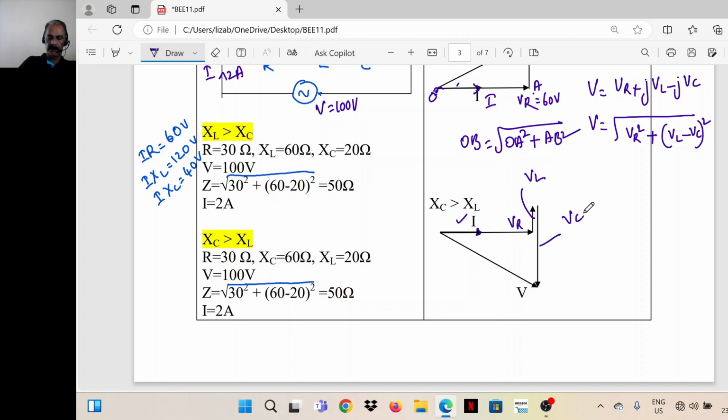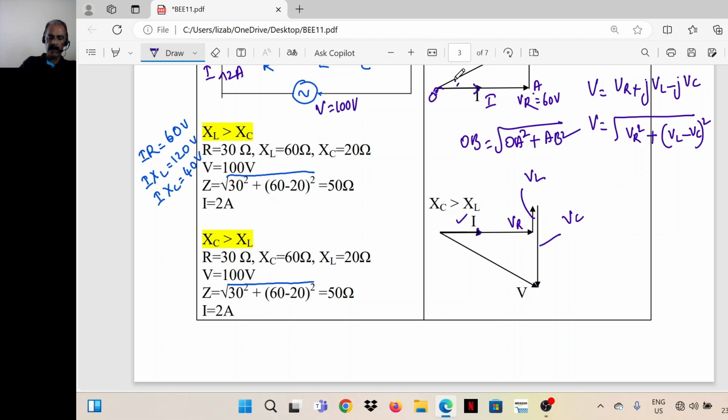This is VC. In this case, VL has got less magnitude, because XC is more than XL. VC has got more magnitude. So it is VR plus JVL minus JVC. This is the resultant V.